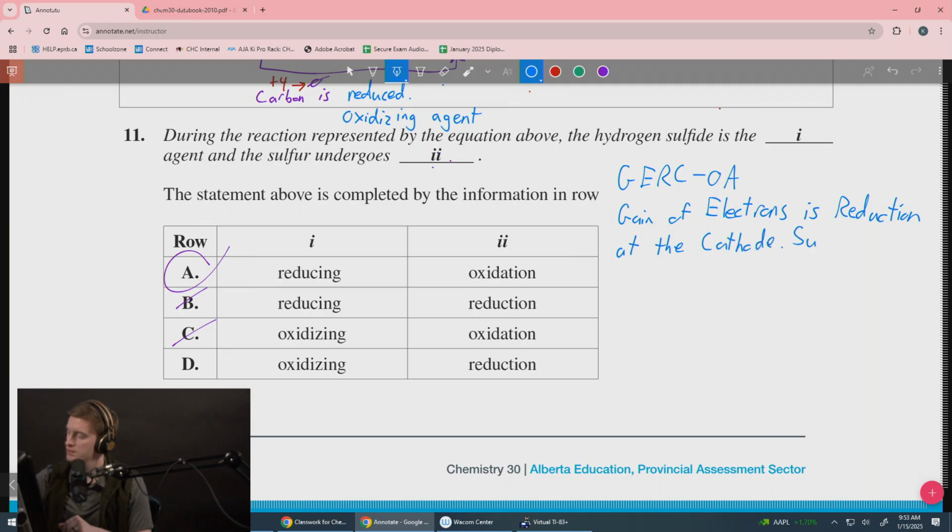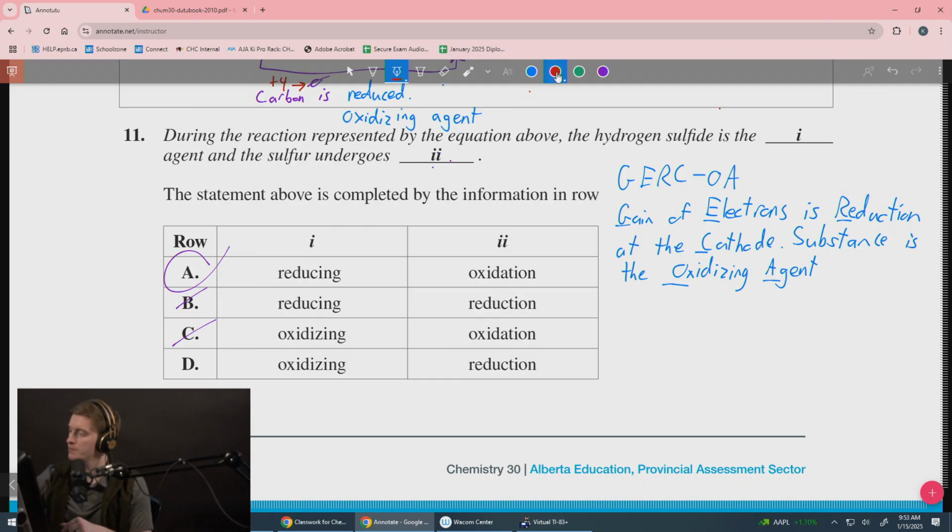The substance is the oxidizing agent. Gain of electrons is reduction at the cathode. The substance is the oxidizing agent. If you can remember these things, then you know that the reduction is the oxidizing agent.